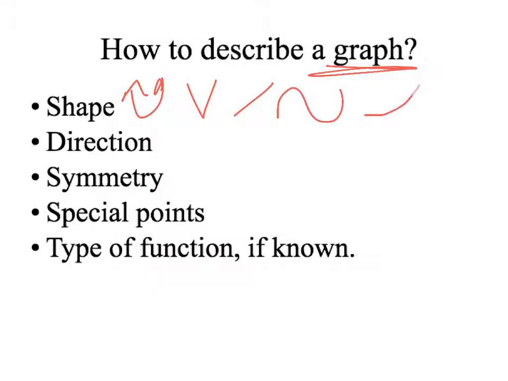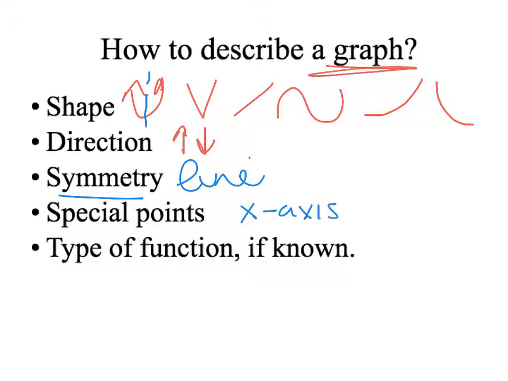Does it create an upward-facing curve, exponential, or downward-facing curve, which is going to be happening in a couple of months? Direction, is it facing up or is it facing down? Can you cut it in half? There's more than one kind of symmetry, but we really focus on line symmetry. And then looking again, where does it cross the x-axis?